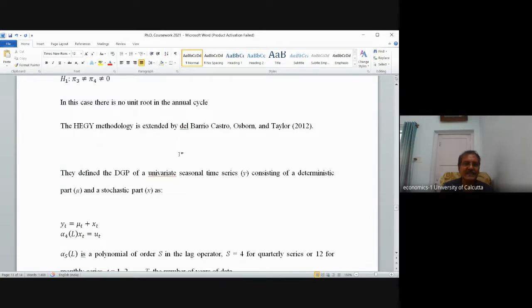Now they consider the behavior of a seasonal time series in terms of both the deterministic part as well as the stochastic part.